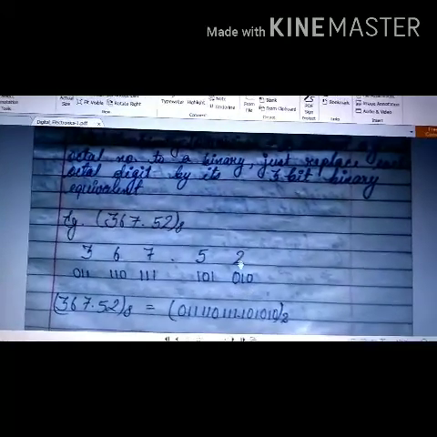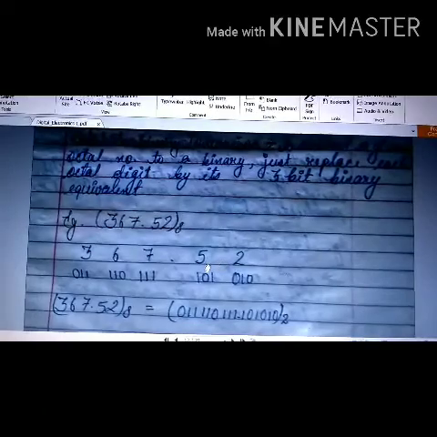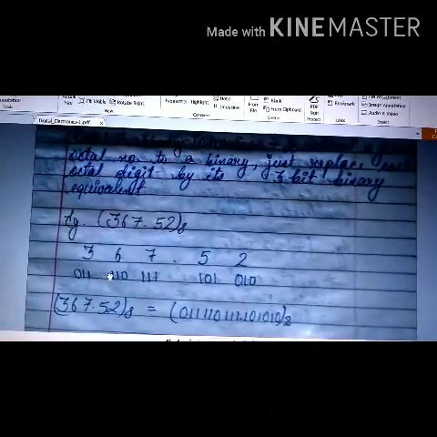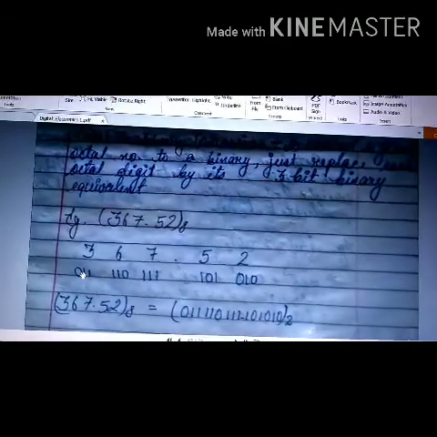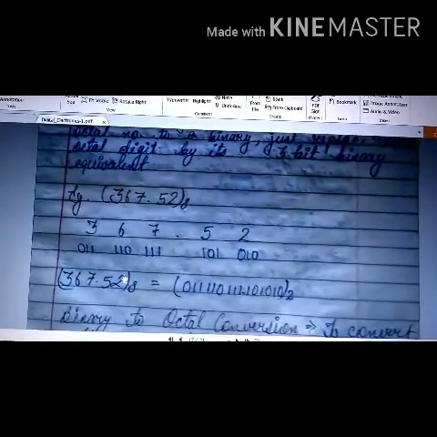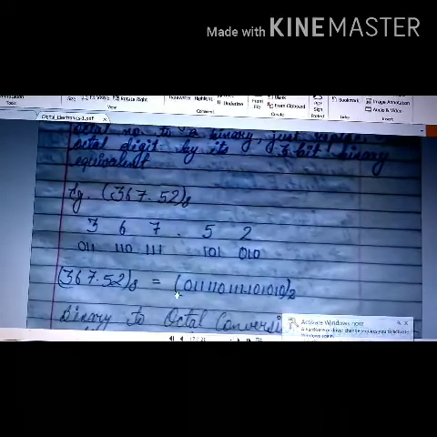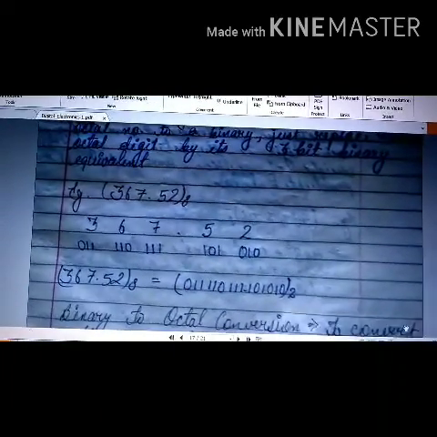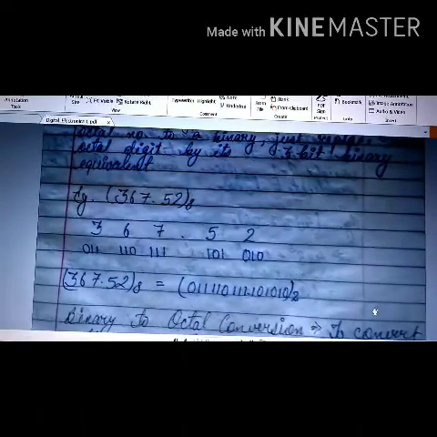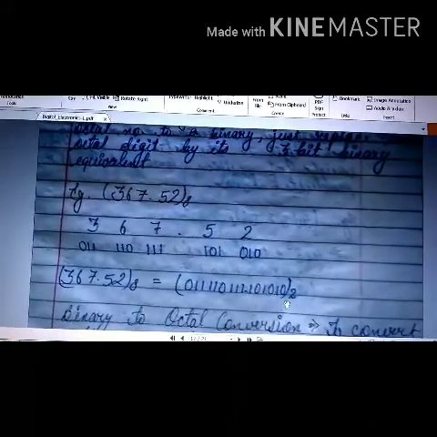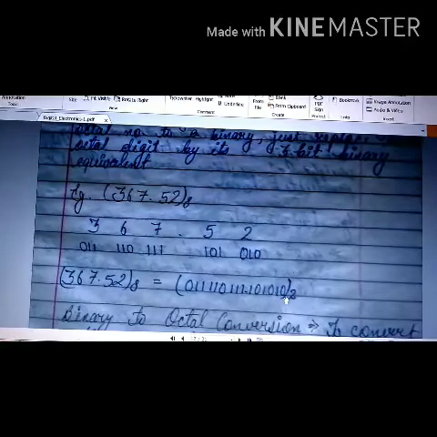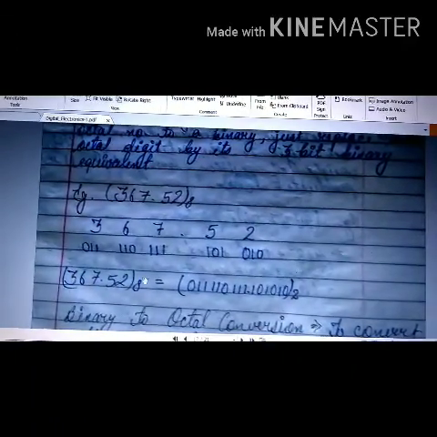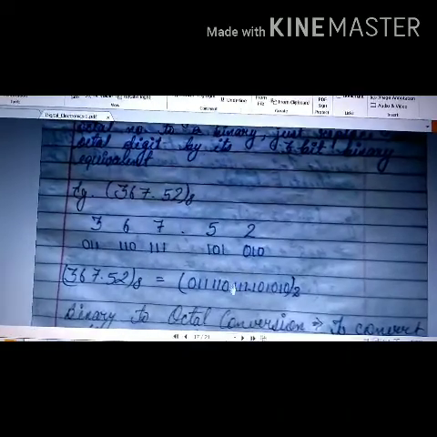Similarly, 5 is 101, 7 is 111, 6 is 110, 3 is 011. If we combine this completely, I can write 011 110 111 dot 101 010 to the base 2. So in this method, an octal number can be directly converted into a binary number.